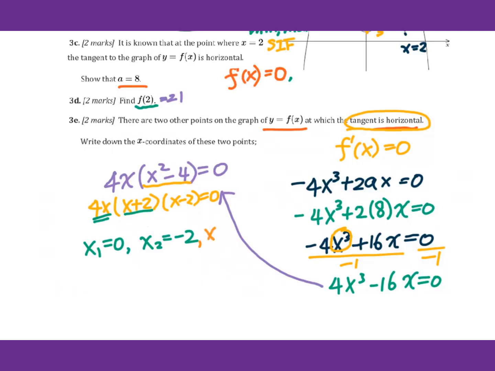And x3 equals 2, from x minus 2 equals 0. Therefore, we already know x equals 2, where the tangent line is horizontal. So we got the other 2 points. That is x equals 0 or negative 2.